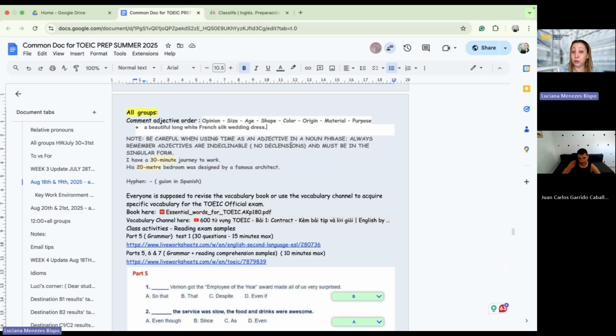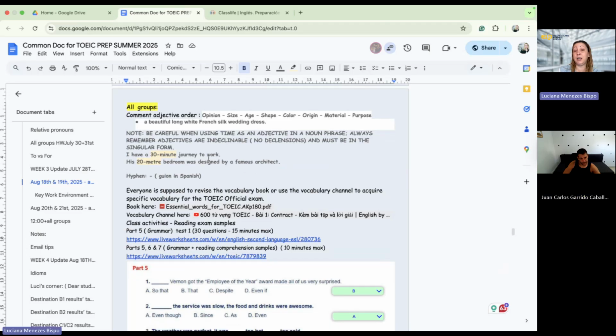But it is good to remember them, and it is good to emphasize that when we mention numbers to qualify a noun, we need to use those numbers in singular. So although 30 is plural, the minute is going to be singular because the adjectives are indeclinable, right? So I have a 30-minute journey to work, or his 20-meter bedroom was designed by a famous architect.